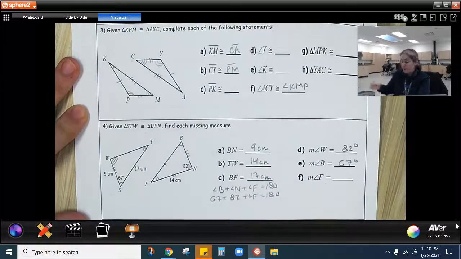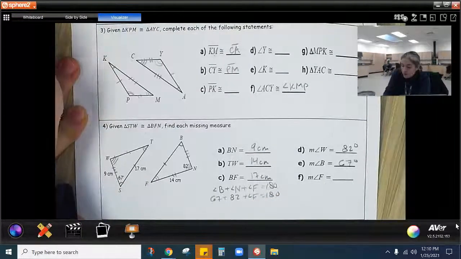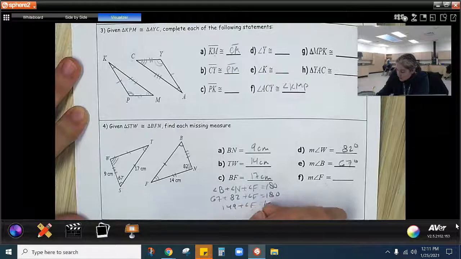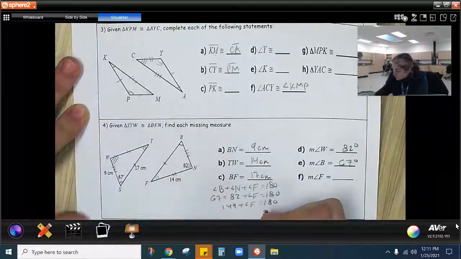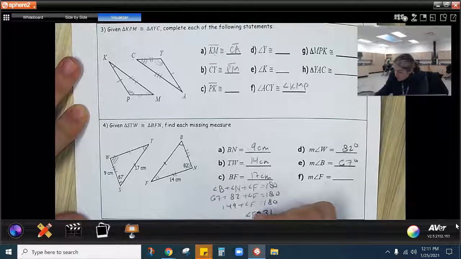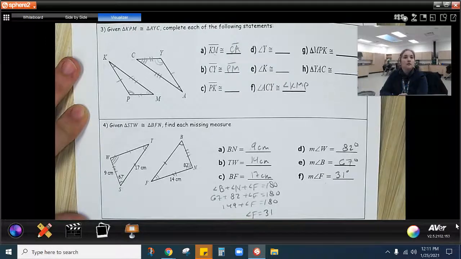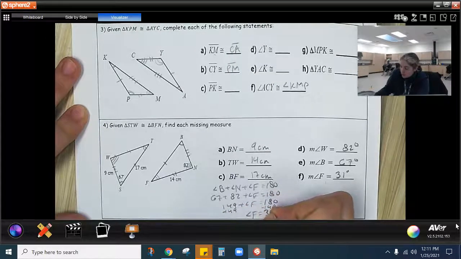I can solve this to figure out my missing angle F. We've got 149 plus angle F is equal to 180. So we are left with 31 degrees is equal to angle F, because we have to subtract 149 on both sides. I skipped a little bit of algebra there, sorry.